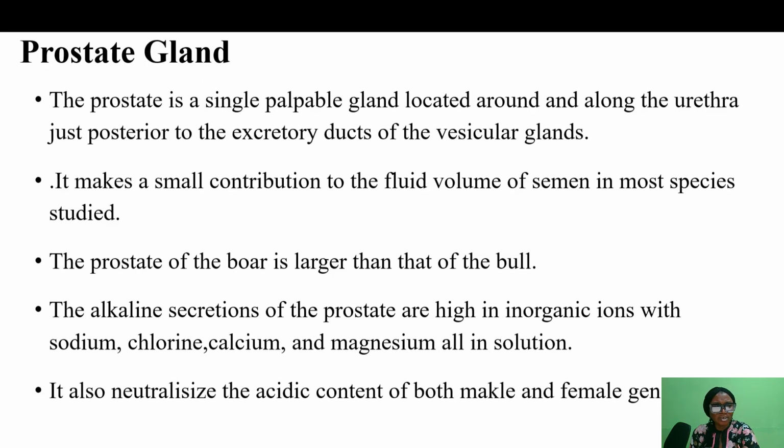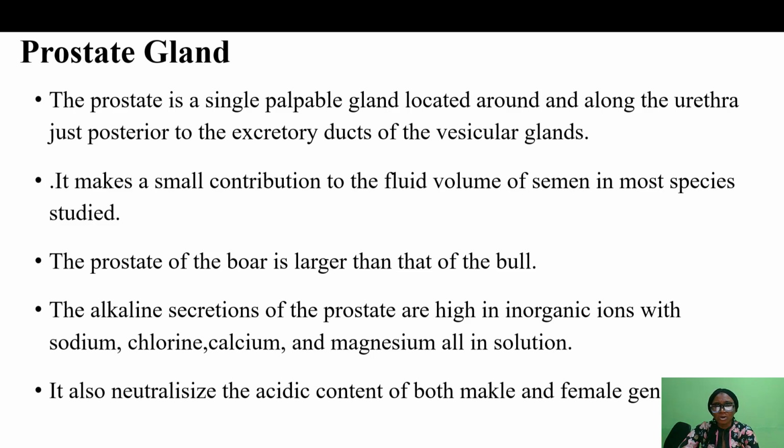We have the prostate gland. The prostate gland is single, and is palpable. That is, you can literally feel it in the bull. It also makes its own contribution, although not as much as that of the vesicular gland. It is larger in size in the bull, and you can feel it from outside. It produces alkaline secretions, and it also gives the semen its characteristic smell.